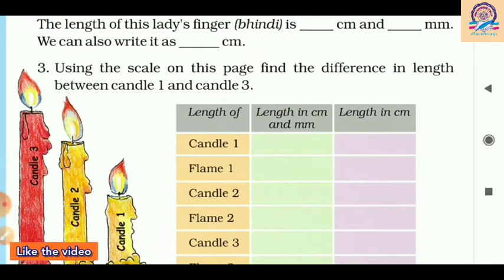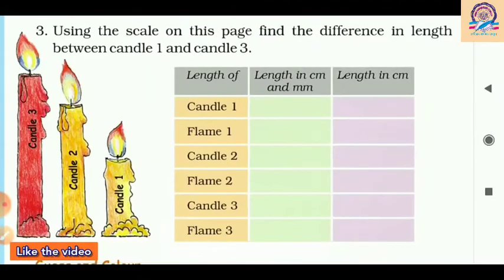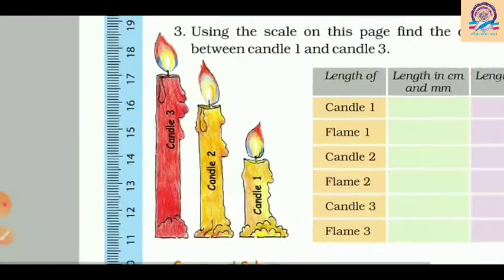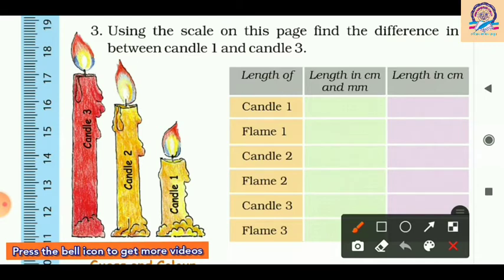Question number 3. Using the scale on this page, find the difference in length between candle 1 and candle 3. First we have to find the length. Here we have a table: candle 1, flame 1, candle 2, flame 2, candle 3, flame 3, with length in centimeter and millimeter and length in centimeter.